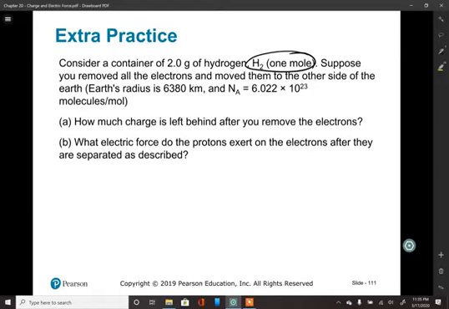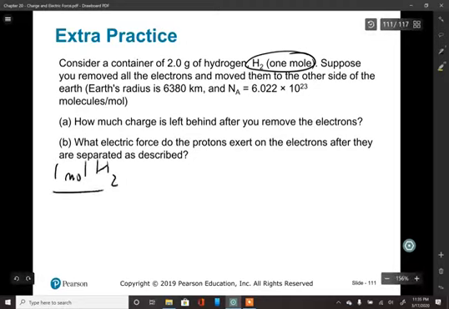So the first thing is to figure out how much charge that is. Well, a mole of hydrogen, H2: hydrogen has 1 electron, which means H2 has 2 electrons. So if we have 1 mole of H2, and this should look very familiar to those of you in chemistry, then we have 6.02 times 10 to the 23rd molecules.